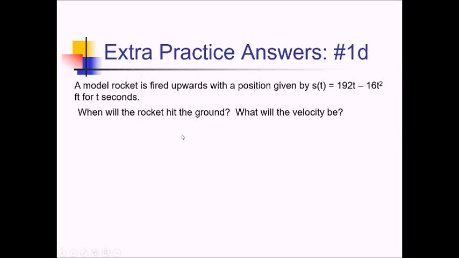For this problem, we want to know when the rocket's going to hit the ground and what the velocity will be at that time. So let me start by just taking s of t here. And hit the ground means that we have a height of 0, position of 0. So that's going to be 0 that we set that equal to. And we can solve this by factoring here. These are both actually divisible by 16, believe it or not.